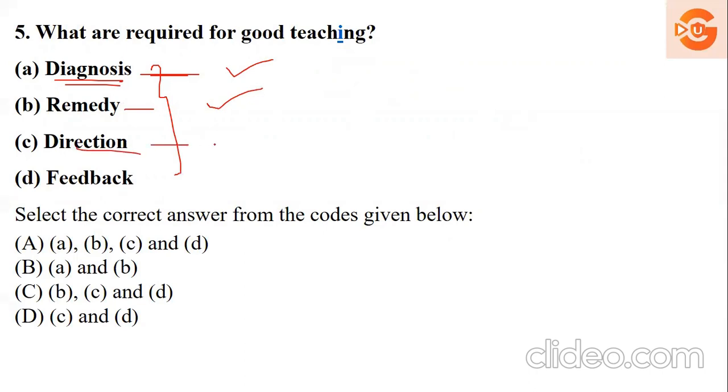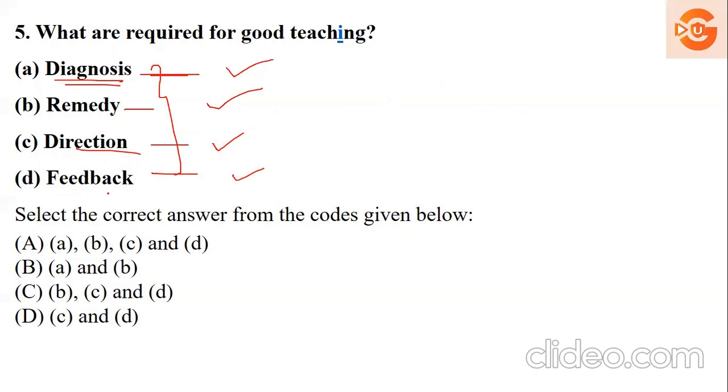Direction, yes. Solution के बाद आपको बच्चों को guide करना पड़ेगा. You have to guide them in a correct way, on the correct path. And whenever you're guiding them, you have to keep on giving feedback to them. Now we know that when you communicate with a child, feedback is an essential process to complete your communication cycle, जो हमने पढ़ा है.